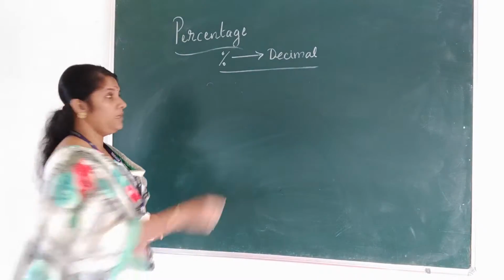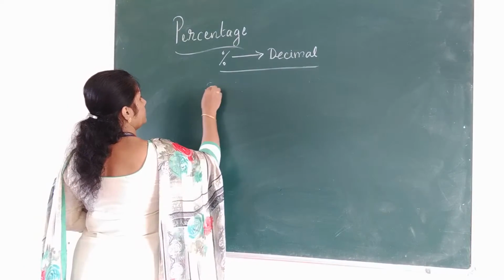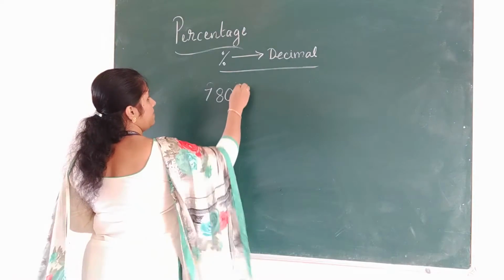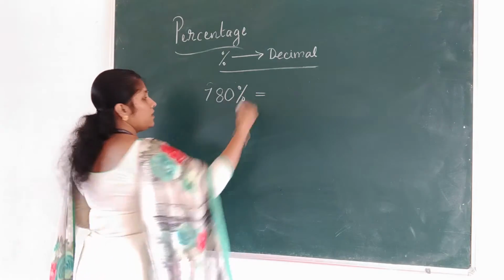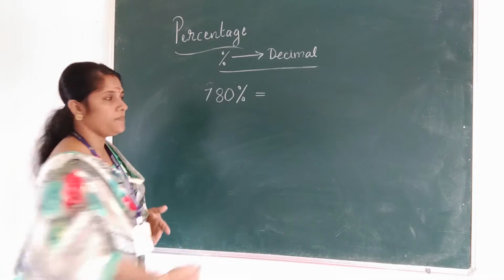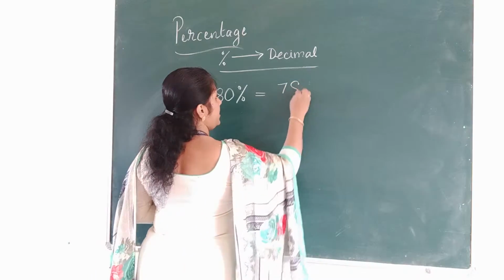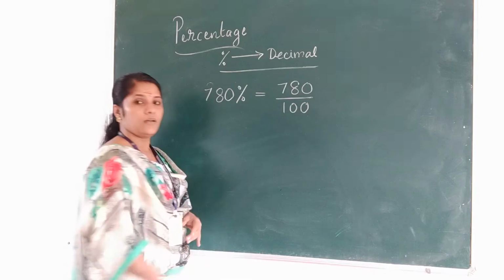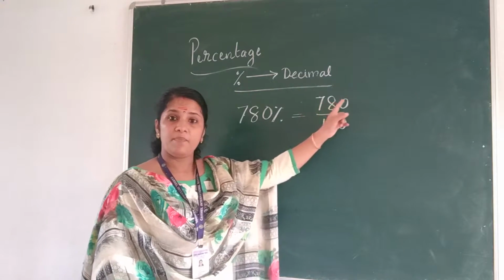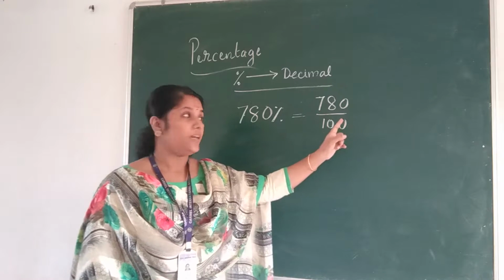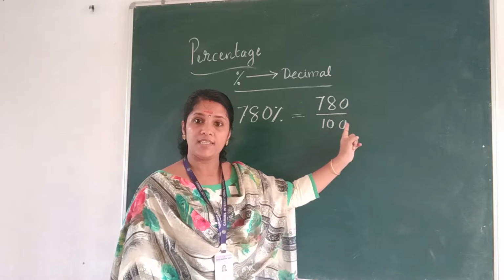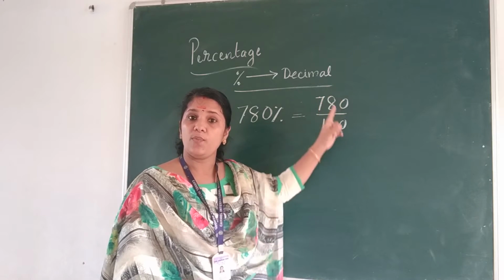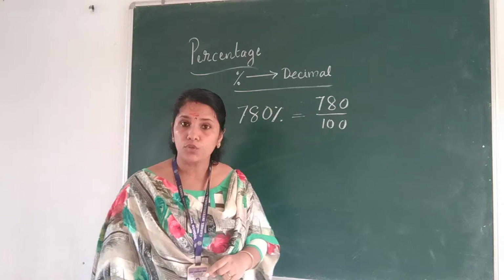One more example. 780%. Going to convert into decimal. So 780 by 100. Here we can cancel 0, which means we are actually dividing by 10 both in the numerator and the denominator together.